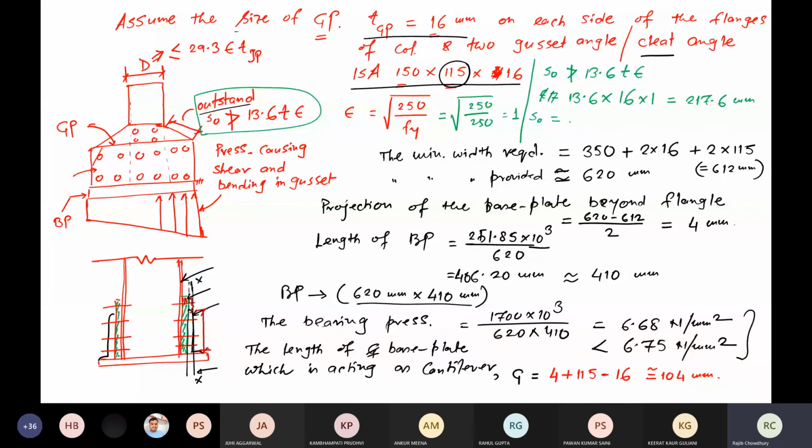What is the total length? 410 minus 250, divided by 2, which is becoming 80 mm.